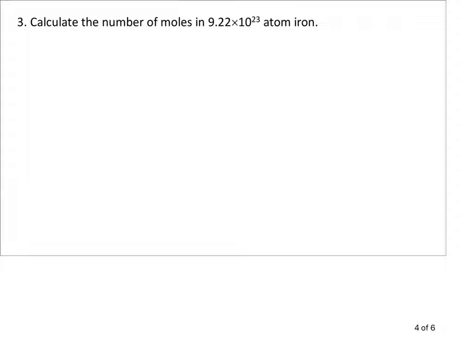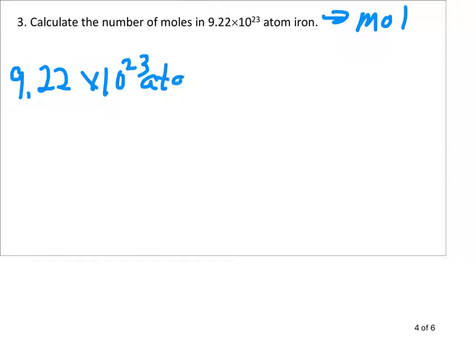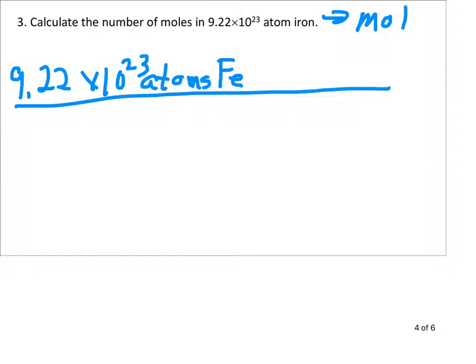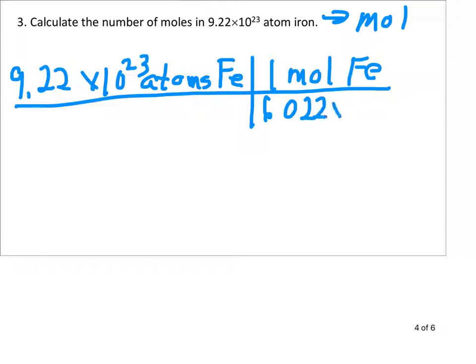And number 3. This time we want to go from atoms to moles. So we start with the 9.22 times 10 to the 23rd atoms of iron, Fe. In 1 mole of iron, we have 6.022 times 10 to the 23rd atoms of iron.